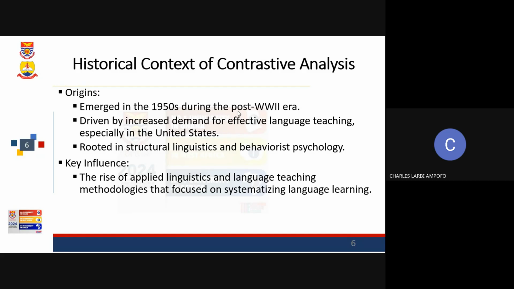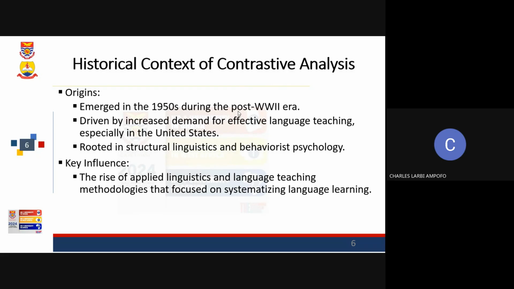So to some extent, yeah. But the main reason this came about right after the World War is that the Second World War ended in 1945, and contrastive analysis emerged in the 1950s. So let's say roughly 5 years after the Second World War.